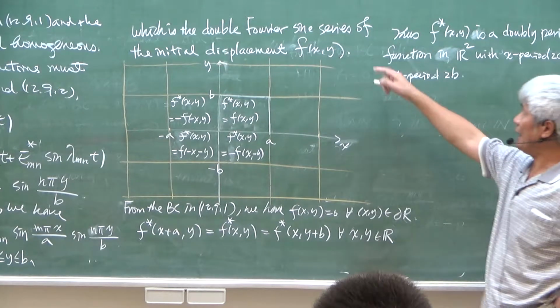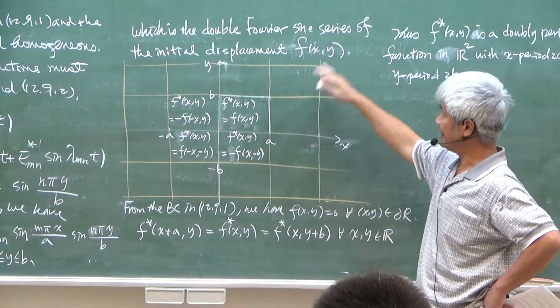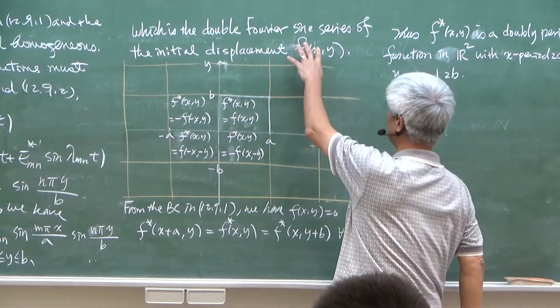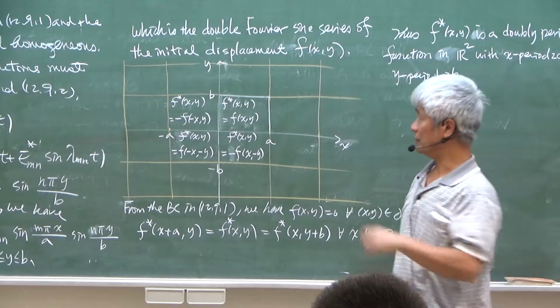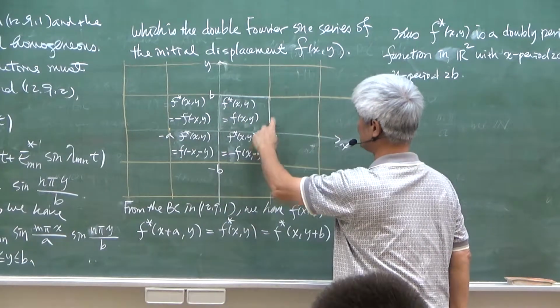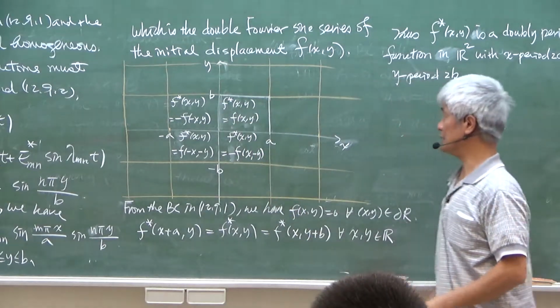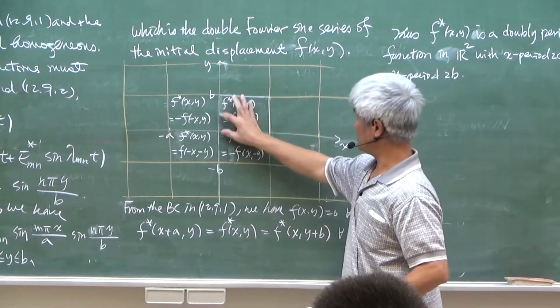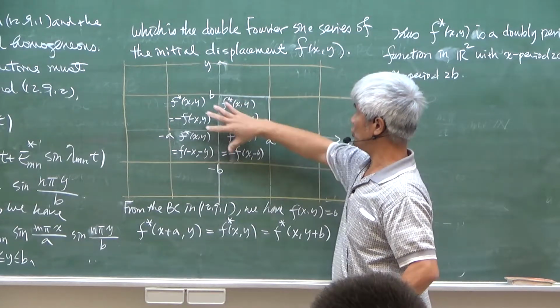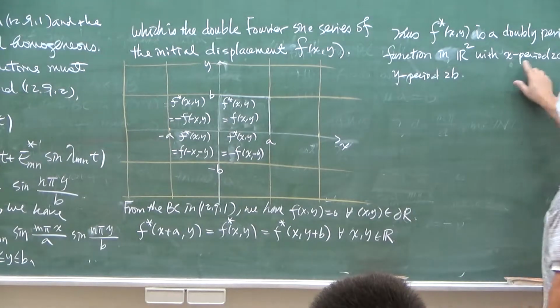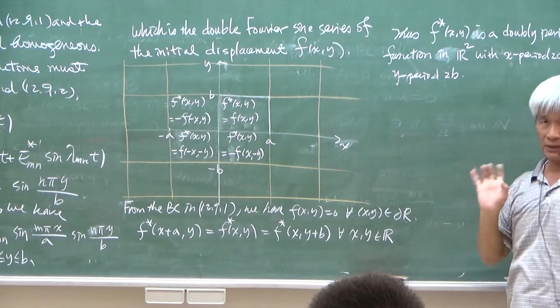But I have to mention the idea: how can we use a double Fourier series expansion for a function defined just around here, in a rectangle? The reason is that we can extend such a piece of information into a doubly periodic function with x period 2a and y period 2b.